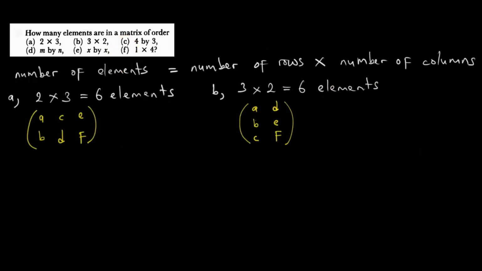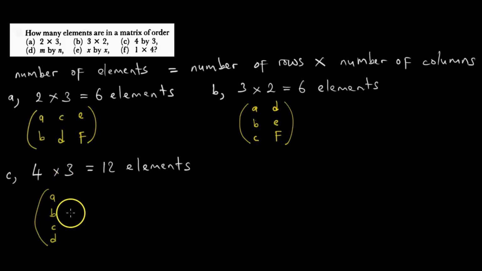Now let us go pa C. C is 4 by 3 inogona kunyorwa yakati 4 times 3. Just multiply panapa 4 times 3 it's 12 elements. And let us see kuti inenge yakaita sei. It's a 4 by 3 kureva tine 4 rows A, B, C, D and 3 columns.